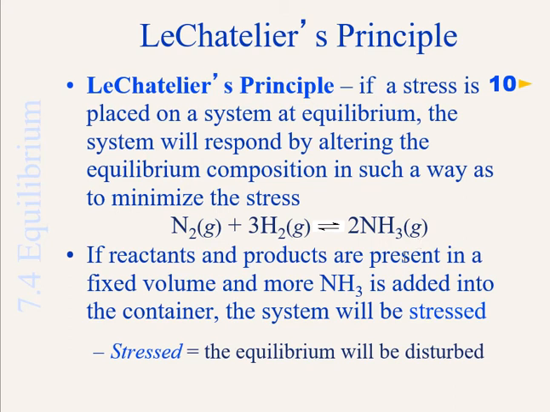So whenever we add a product in a reaction that's at equilibrium, the system will act in such a way to counter that stress. So if I added a product, in order to counter that stress, product will be consumed. If I added some reactant to a system at equilibrium, then in order to counter that stress, the reactant will be consumed.